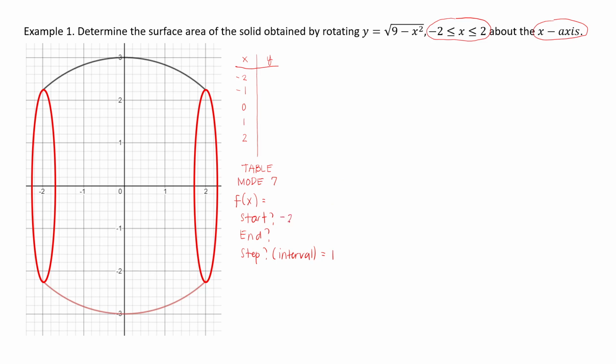So start with -2 and end with 2, and then your equation would be square root of 9 minus x squared. Then you have certain values of your y.